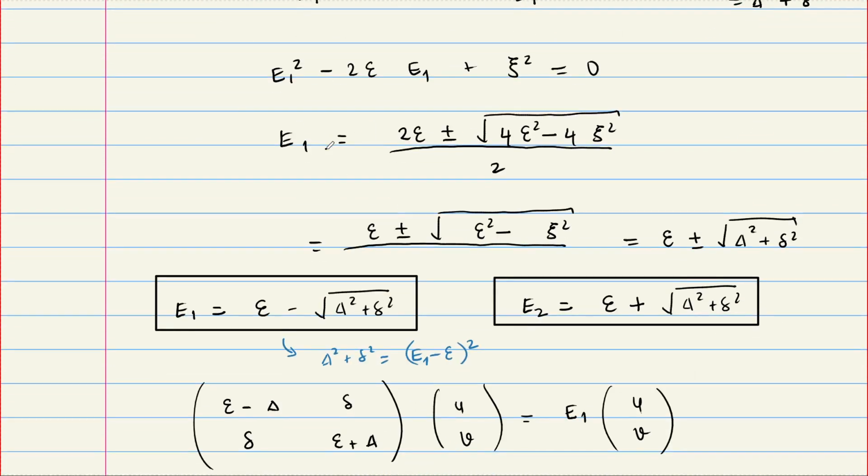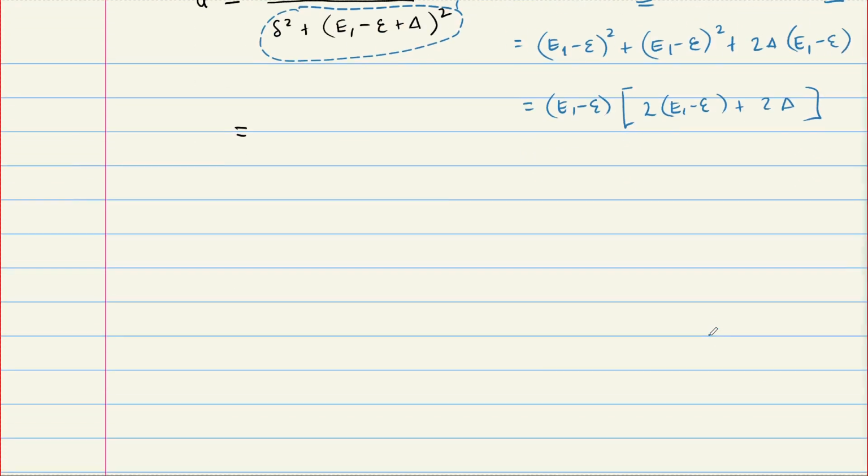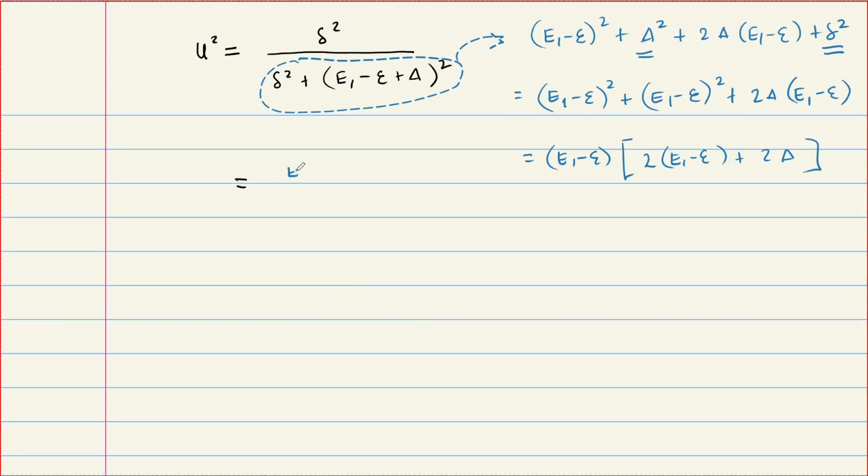You can see delta squared is E1 minus epsilon squared minus delta squared. So let's also write that: E1 minus epsilon squared minus delta squared. I wrote the delta squared.